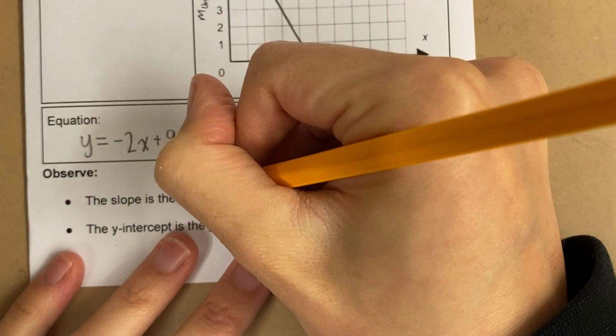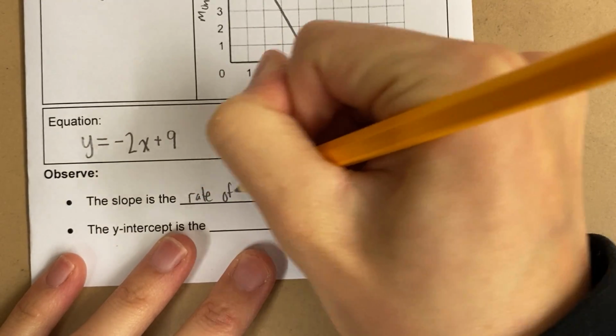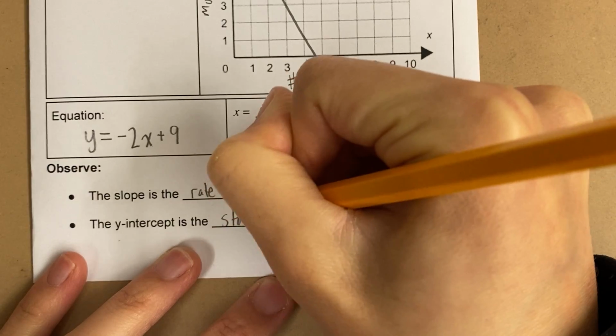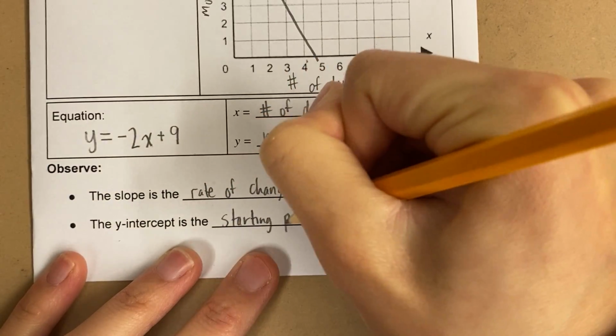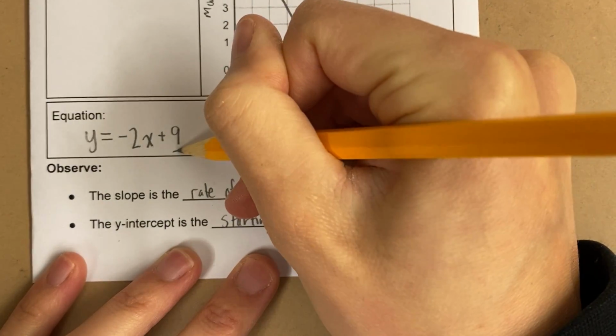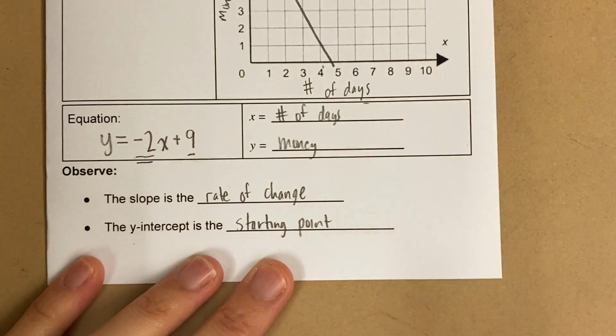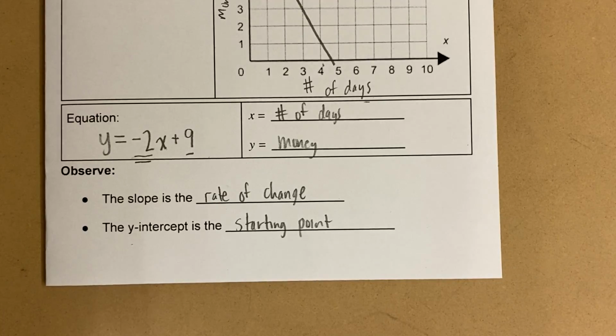But once again, the slope is the rate of change, and the y-intercept is the starting point. In this case, Jack started with $9, and the amount of money he had changed by negative 2 each day. He lost $2 each day because he was spending money.